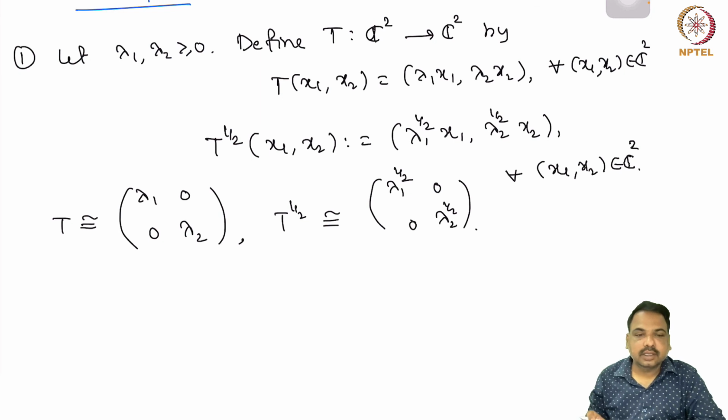Okay, now we can extend this for finitely many scalars lambda 1, lambda 2 and so on up to lambda n. We can define a map from C power n to C power n in the same way.